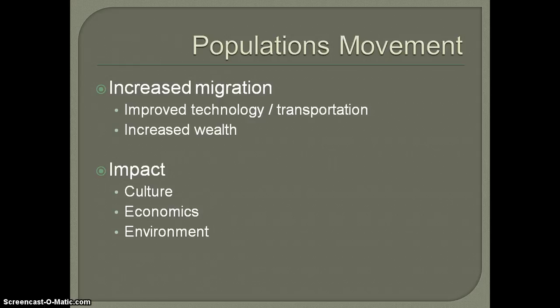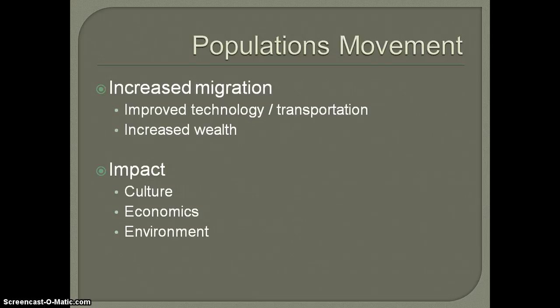But then you have the increased wealth that's taking place across the world. Across the world, countries are becoming wealthier. We look at the newly industrialized countries, or we look at maybe some of those BRIC countries: Brazil, Russia, India, China. Some throw an S in there, BRICS, for South Africa. So you have these increased middle classes that are growing all across the world.